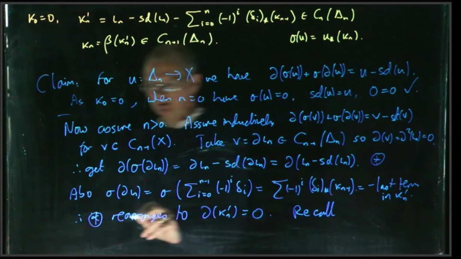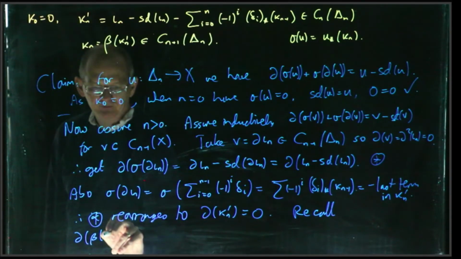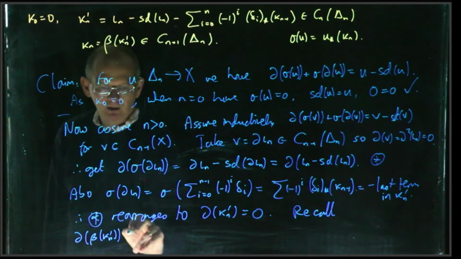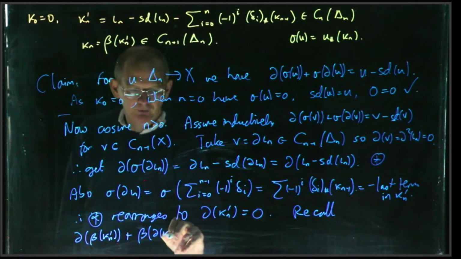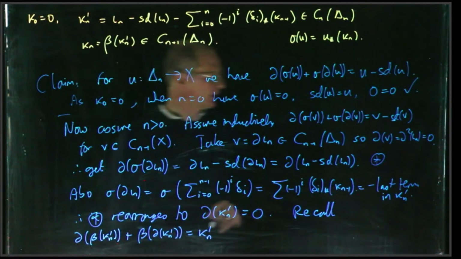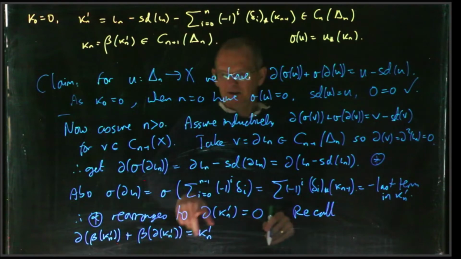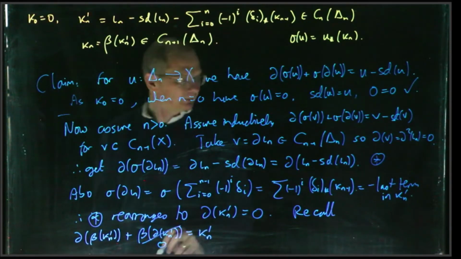Okay. So now let's recall that d of β of κ_n prime plus β of d of κ_n prime is κ_n prime. Okay, and now we know that the boundary κ_n prime is 0, so that's 0.